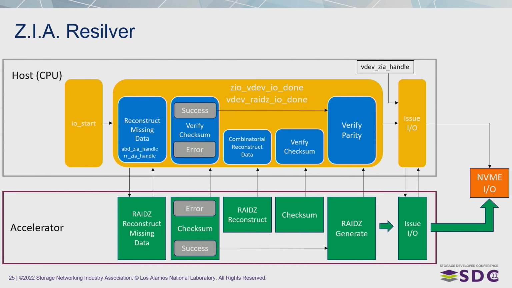This was to prevent weird thrashing if, for whatever reason, you had errors in alternating stages. So we wanted to avoid that. If an error were to occur, the data is brought back into memory, and the remainder of the resilver stages are performed in memory and issued out through the host instead of through the accelerator.